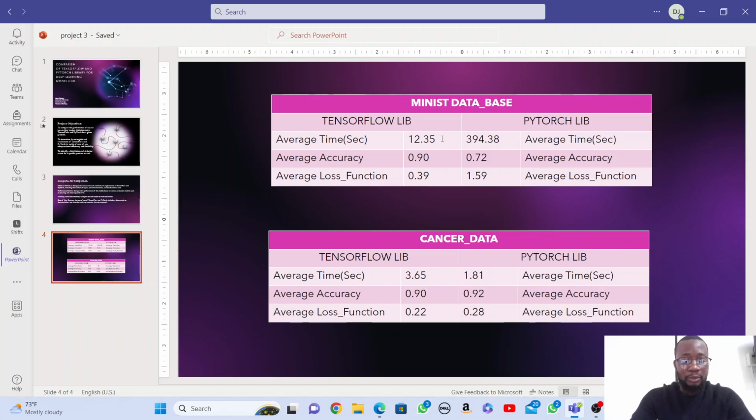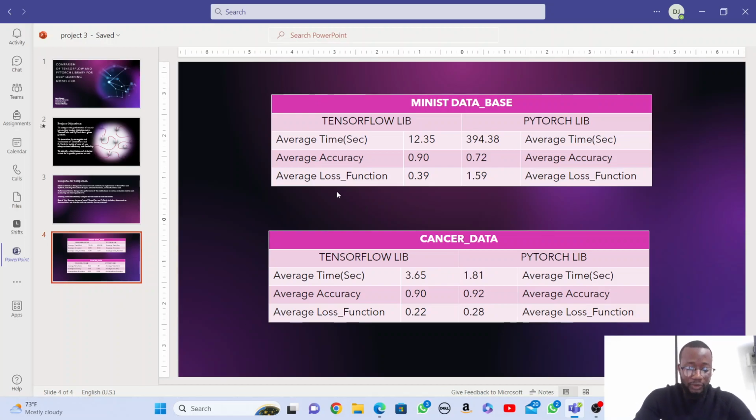We looked at the epoch, which is basically the value of the loss function after a number of iterations. We subjected them to about 50 iterations, and after every 10 iterations, we took the value of the loss and the accuracy.